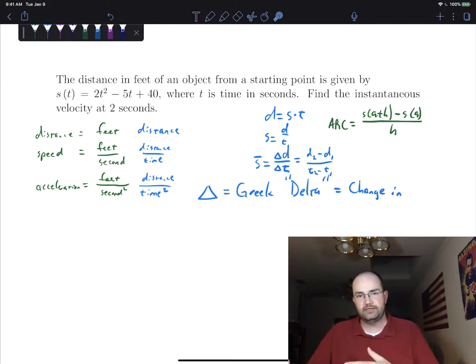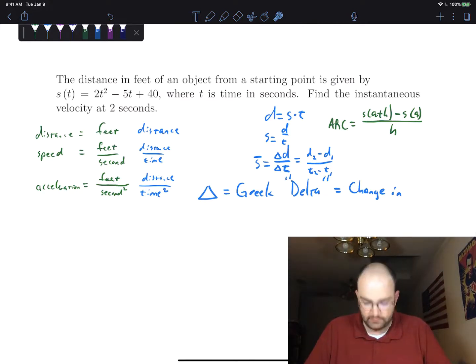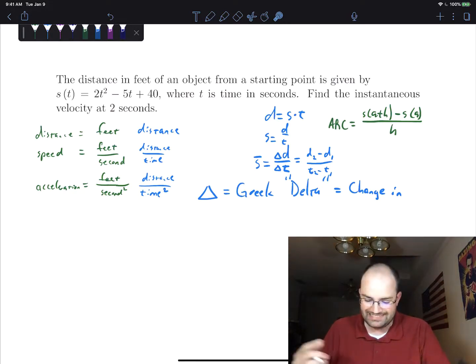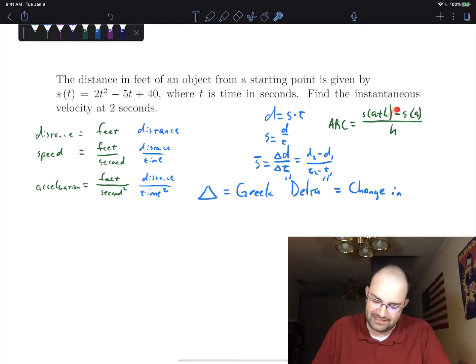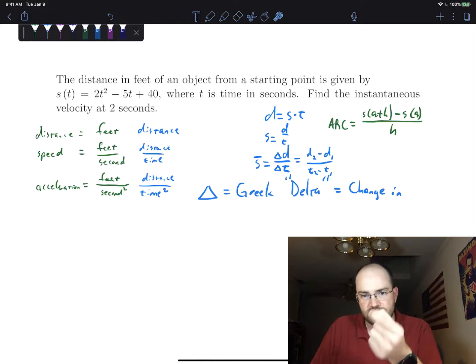So if you want to know speed, you need to look at the average rate of change of distance. That's really what we're looking at here. Now, if we want to look at the instantaneous speed or velocity, I prefer speed, but velocity is what is said in this problem, then you need to look at the instantaneous rate of change, which is taking the average rate of change and taking the limit as h goes to 0.